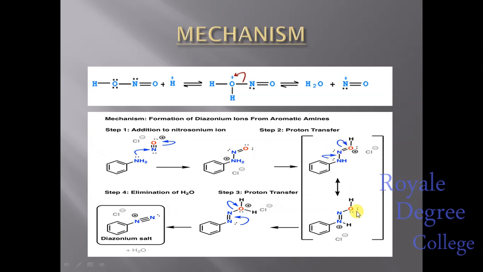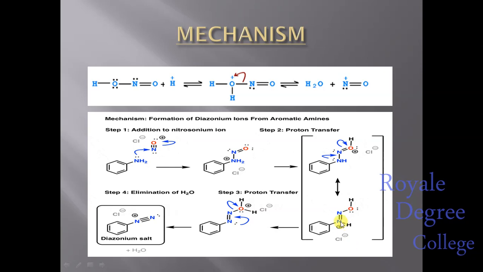At the same time, on the nitrogen a lone pair of electrons is sharing and pairing and forming a bond between the 2 nitrogen atoms. So the double bond is created between the 2 nitrogen atoms. This nitrogen atom is becoming electron deficient, so it will carry the positive charge. Rest of the things are as it is.